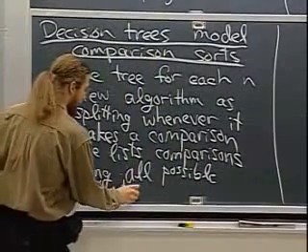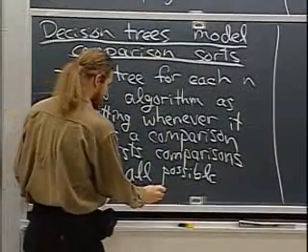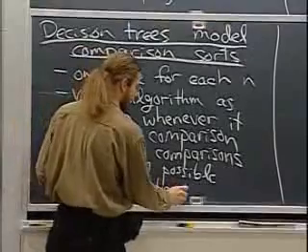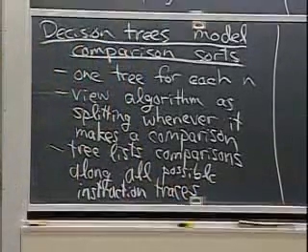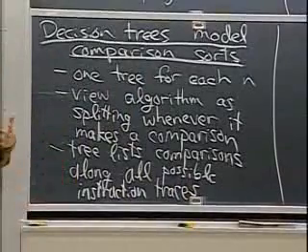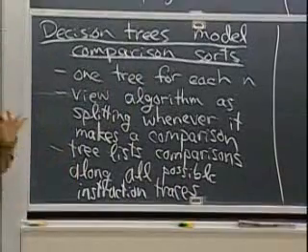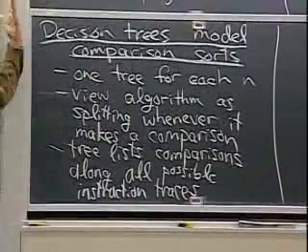You write down all the instructions that are executed by this algorithm for all possible input arrays, A1 to AN. See how all the comparisons could come out and what the algorithm does. In the end, you'll get a tree.